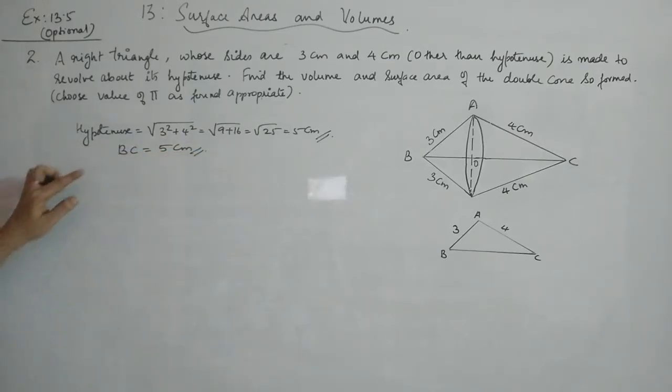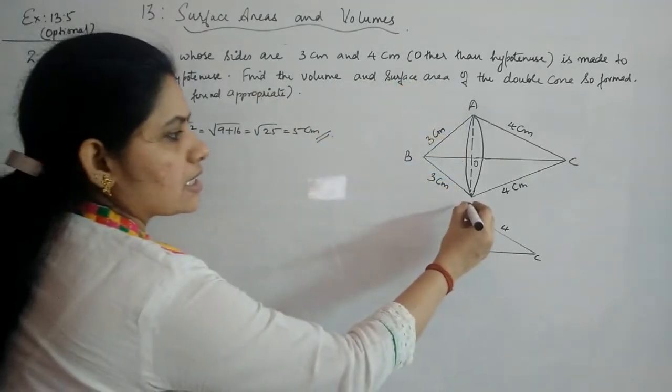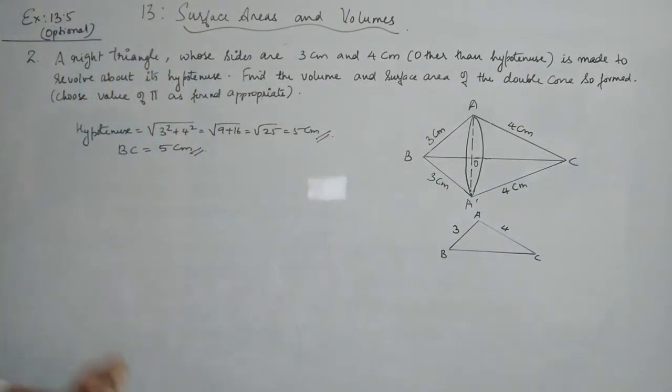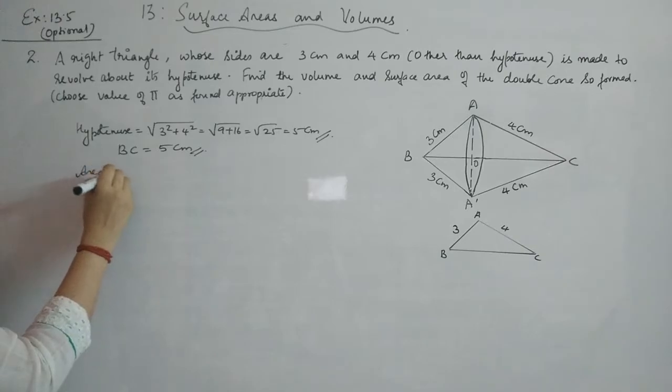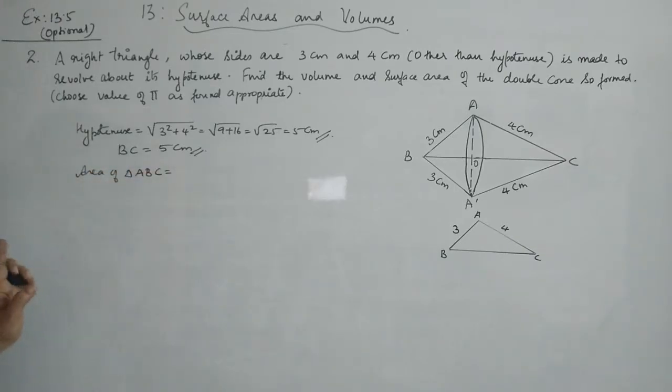Okay, now what we need is, we are finding out what is this AO, or you can say this part. If I am taking it as A dash, A dash O will be same as AO. So I am just finding out AO, for that becoming the radius of the cone. For that we will use the concept of area. Area of triangle ABC is equal to half BH, that you know.